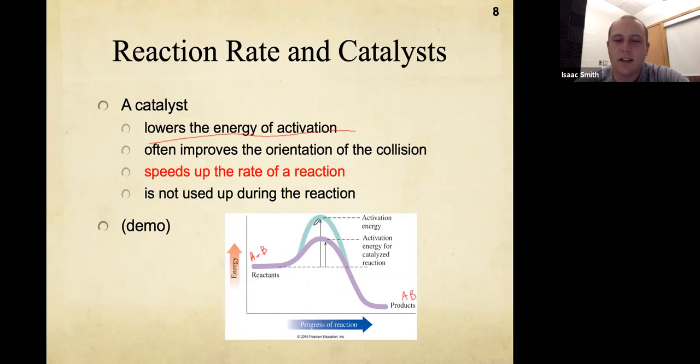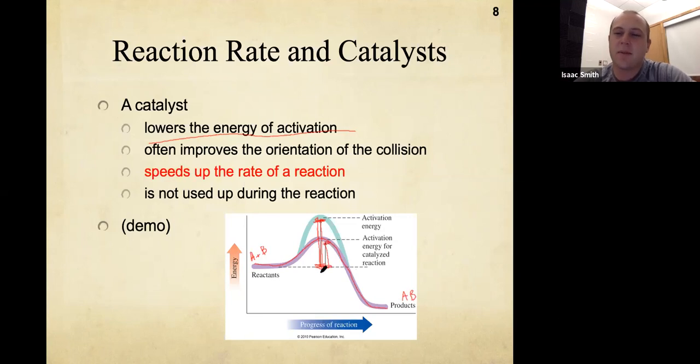Normally, you're going to need this much activation energy for this reaction to happen, okay? But if you add a catalyst, then it creates a different reaction path that allows you to do the exact same reaction, but it only requires, in this example, about half the energy to do the reaction.